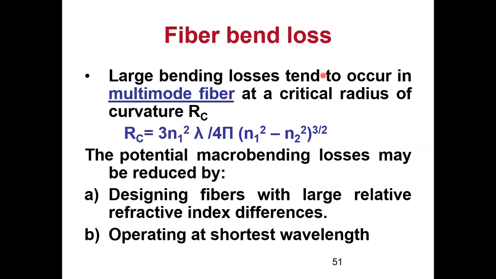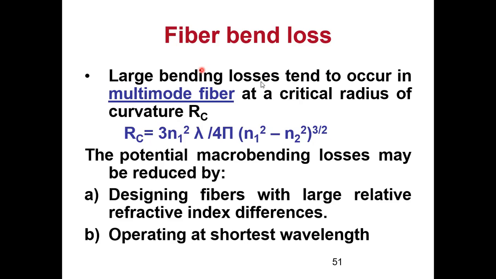This is the formula for single mode. This is for multimode. N2 that you are getting from delta and N1, 1.47.